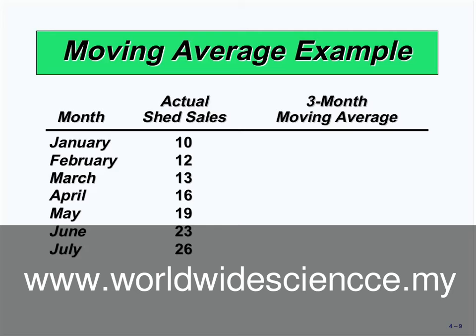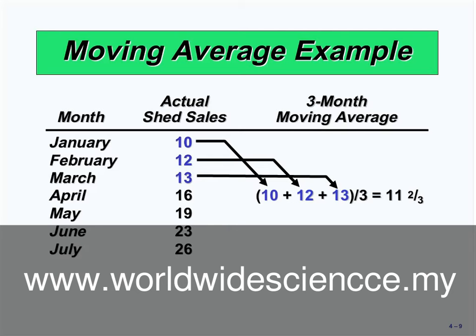It's enough to average the numbers. For April, the 3 months before are January, February, and March. We sum up the numbers and divide by 3. After you forecast the next month, you should save this number.